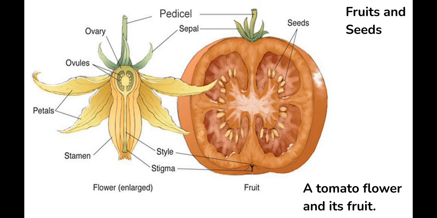Here is an example of a tomato flower. First we have fertilization of ovules, not one but many, inside the ovary. Then in time the style and stigma grow, and the ovary produces the tomato itself, a big-size tomato, the fruit of the tomato.